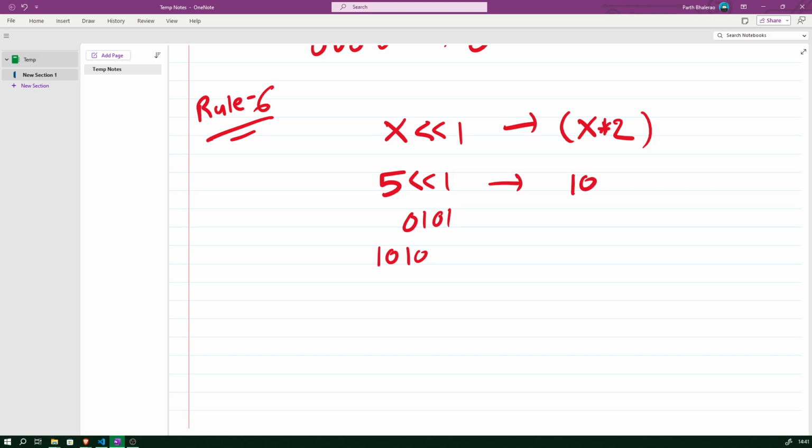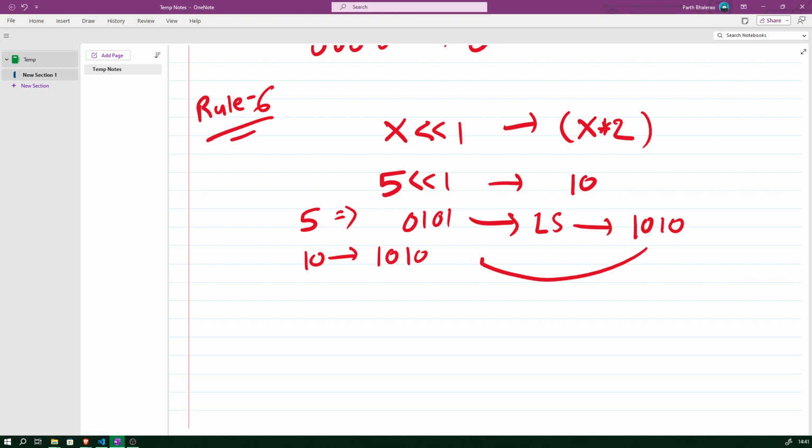If you left shift this 0 1 0 1 by one position, this 1 would come here, this 0 would come here, this 1 would come here, and here it will become 0. So 1 0 1 0, and these two are actually the same. So x left shift 1 is basically x into 2.